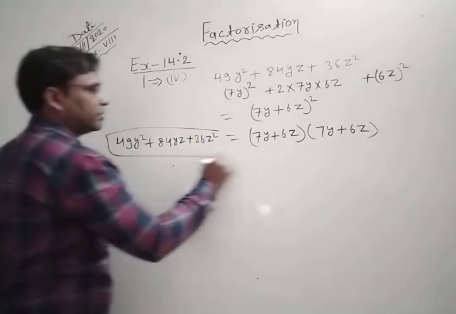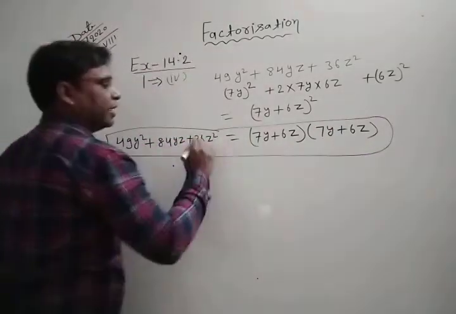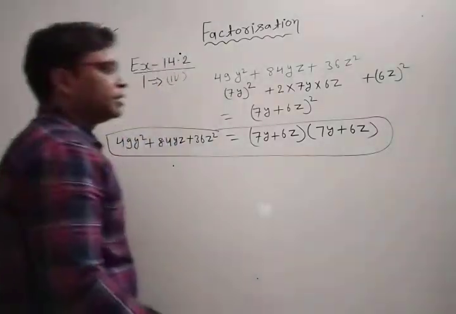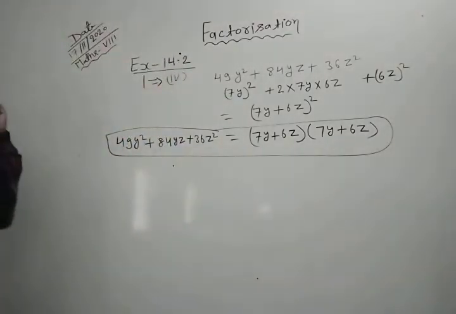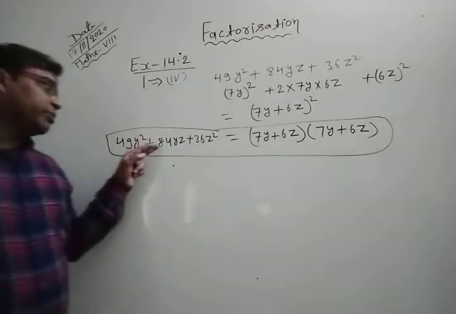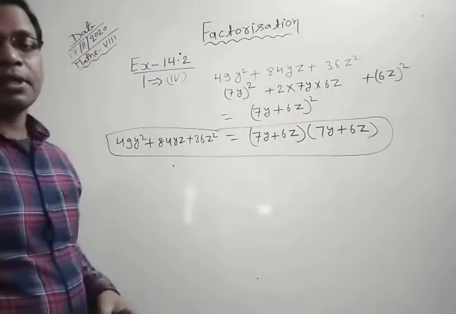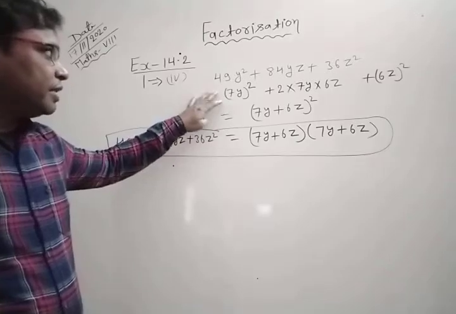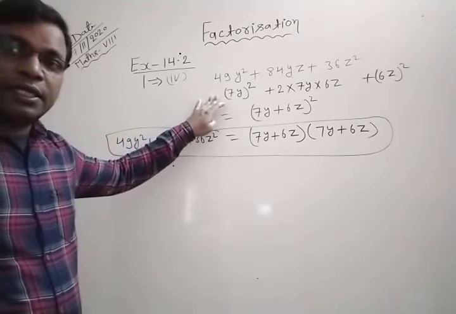We found 7y plus 6z into 7y plus 6z, which are the factors, by using the identities.